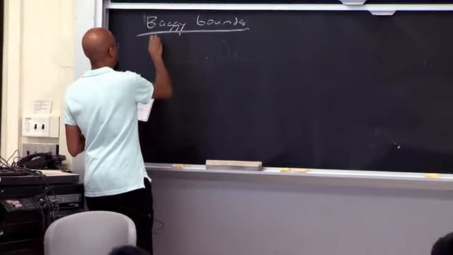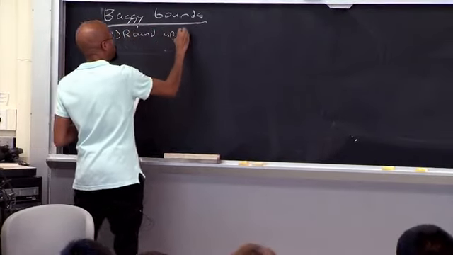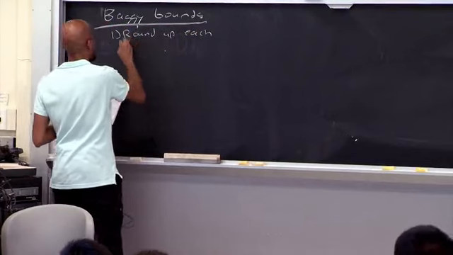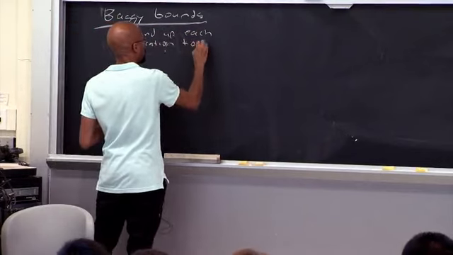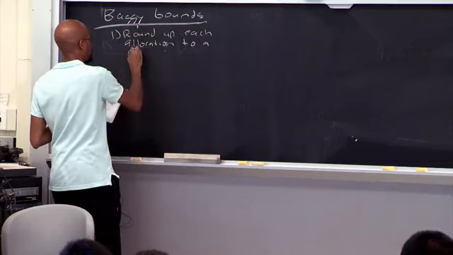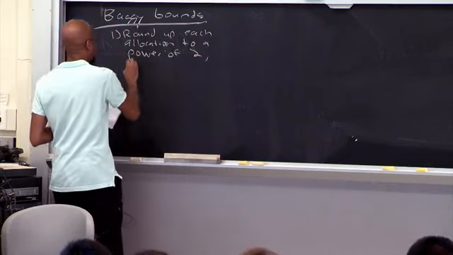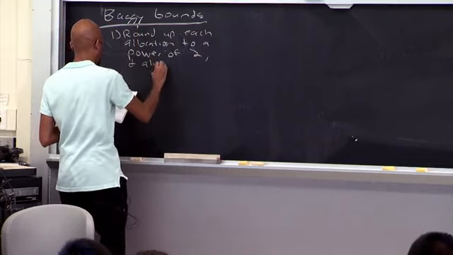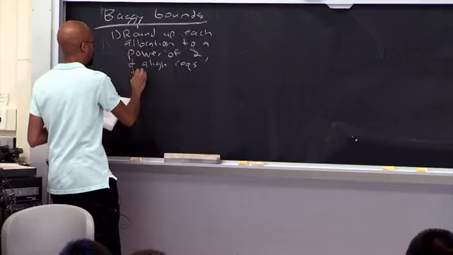The first idea is you round up each allocation to a power of 2, and you align the requests to that power of 2.